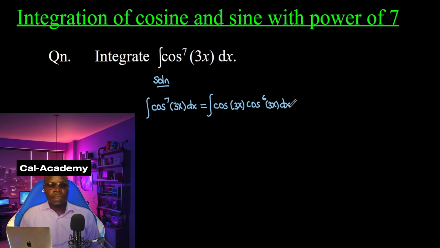And why have we placed there 6? Such that this one is power 1. If you multiply numbers of the same base, we add the power. So 1 plus 6 makes 7, and that is the reason we just multiplied with the same parameter here.